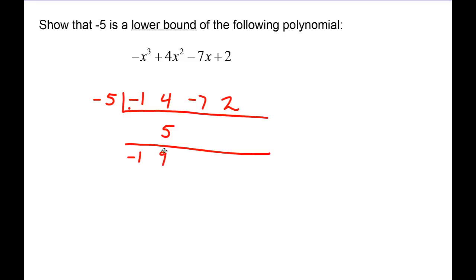The negative 5 times 9 is negative 45, which gives us negative 52. And then negative 5 times negative 52 is 260. And then we add again and we get 262. So if you take a look at this, notice that the signs alternate. And since the signs alternate, we can say that negative 5 is a lower bound.